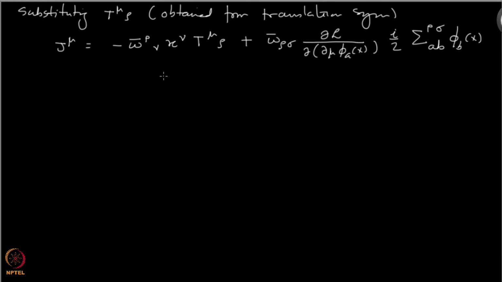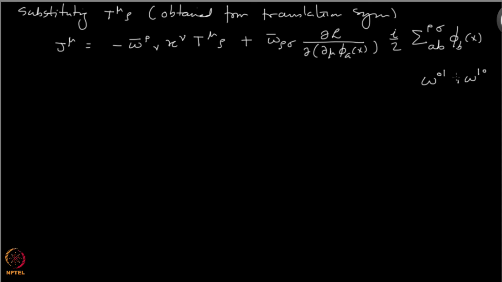So you put all the other omegas to be 0, or you may do a boost along one axis and put all the parameters corresponding to rotations and boost along other directions to be 0. Then you will get one J mu corresponding to that one. So for example, if you choose to put omega 0 1 as non-zero, and of course omega 1 0 because they are related by symmetry.